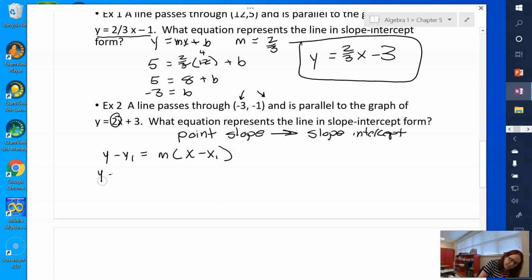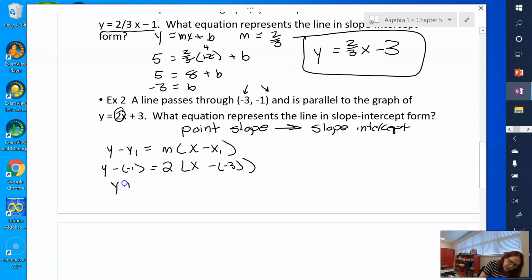So y minus a negative 1 equals 2 times x minus a negative 3. I'm going to clean this up a little bit. All those parentheses can be really hard to look through. So minus a negative makes a plus. So y + 1 = 2(x + 3).